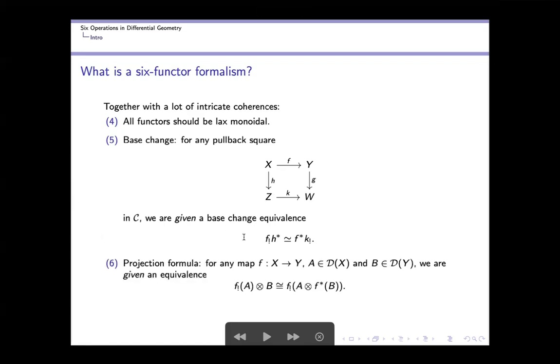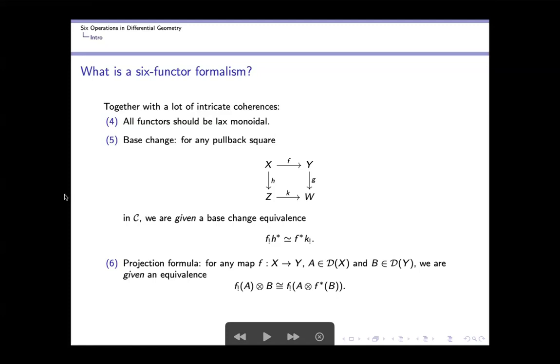The other important thing is that if you have a map from X to Y, then the star functor gives you an action of the category D_Y on the category D_X. And what is required is that the lower shriek functor is linear for this action of upper star. And this linearity is encoded by this equation, which is known as the projection formula.